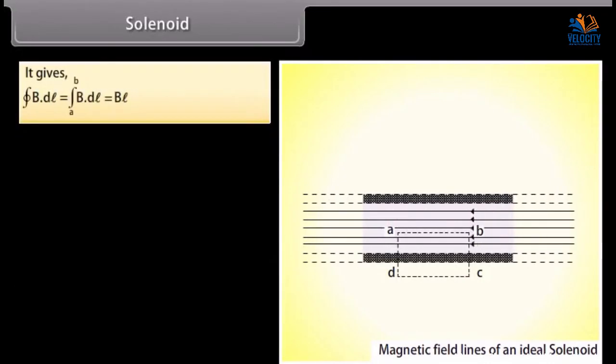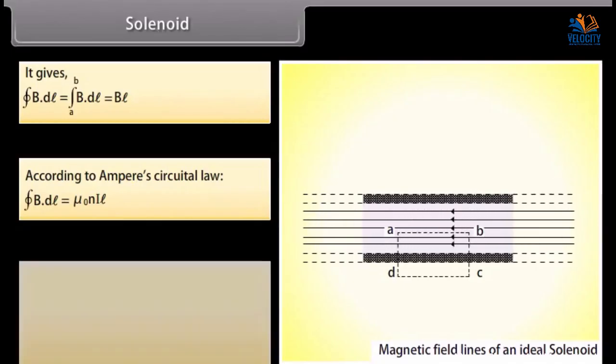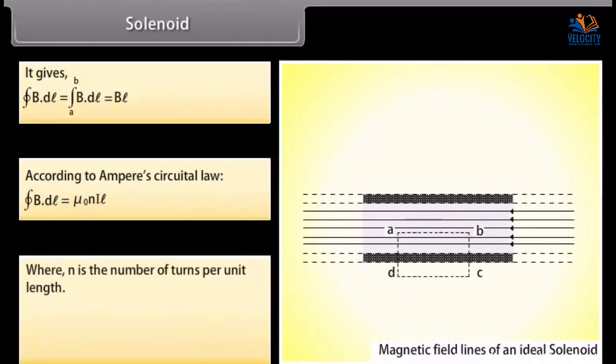It gives closed integral of B dot dl is equal to integration from A to B of B dot dl, which is equal to BL. According to Ampere's Circuital law, closed integral of B dot dl is equal to mu naught NIL, where N is the number of turns per unit length. From above two equations, we get the result B is equal to mu naught NI.